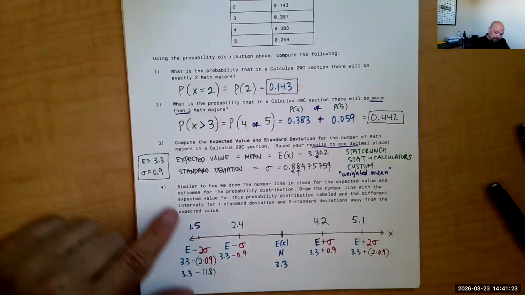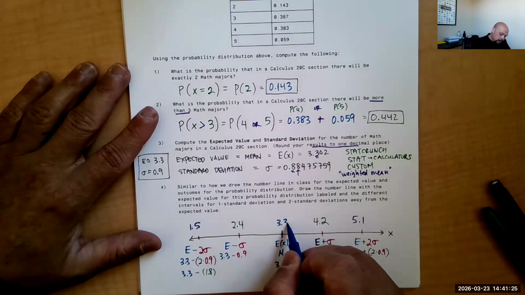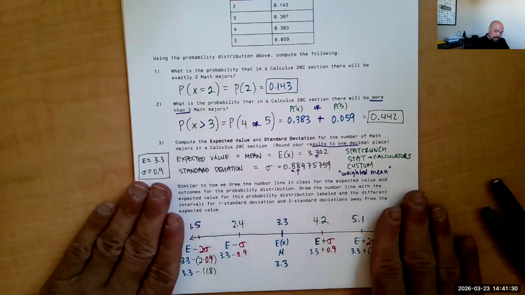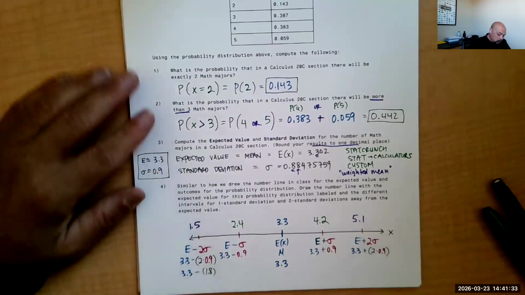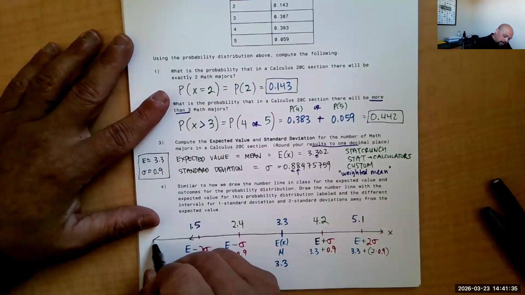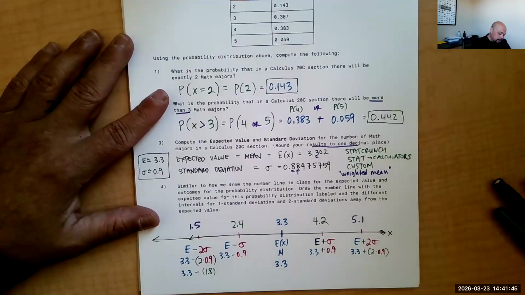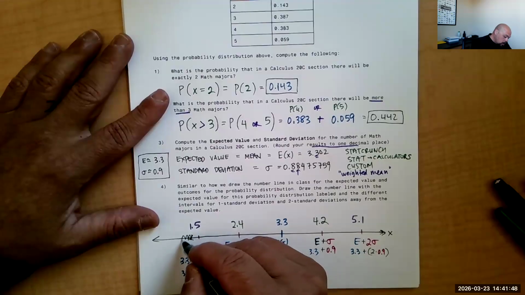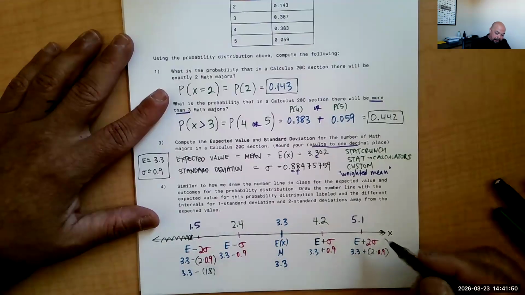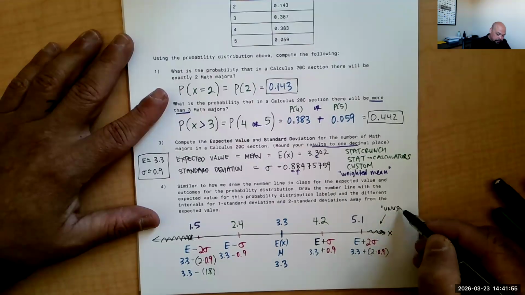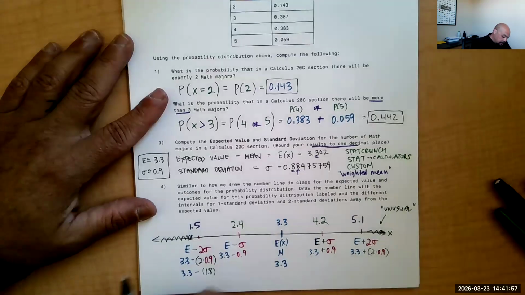So there's that number line, our expected value, that 3.3 in the middle. 68% should be between those values, 95% between those quantities. When we expand, let me stretch out my number line here a little bit, similar to what we discussed with our standard deviations, now with our probabilities. Anything below 2 standard deviations or above 2 standard deviations would be considered unusual, just like our z-scores.